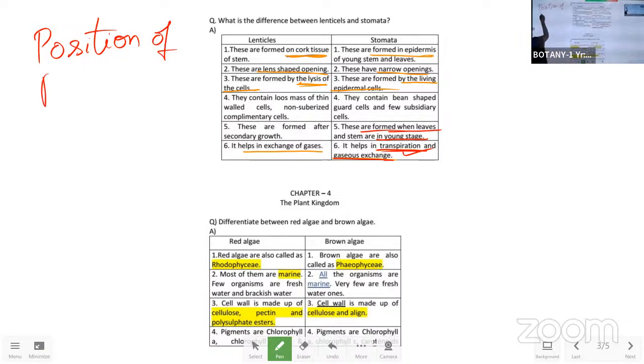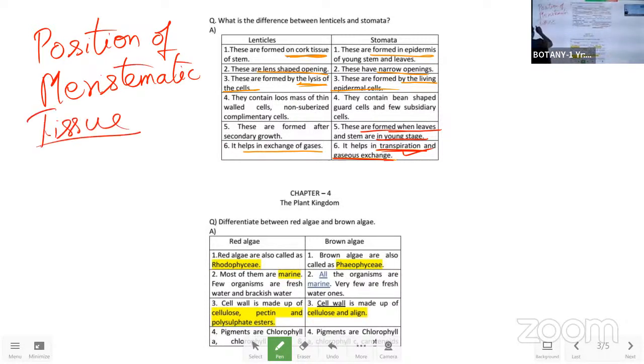Position of meristematic tissue. Okay, again, these are the 3 different types where they are going to be present. We can say the meristematic tissues are of the 3 types.